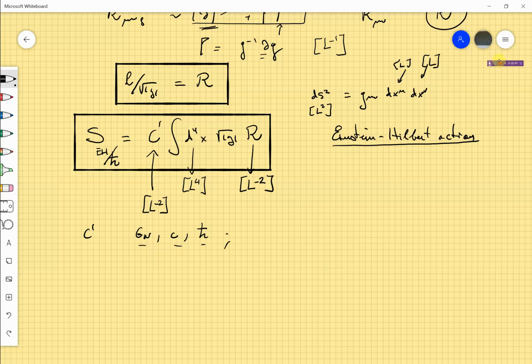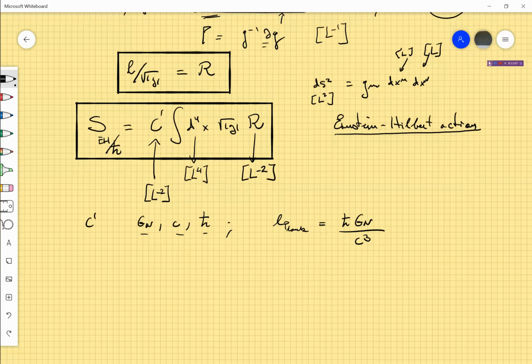So the natural thing would be to use the Planck length square, or the inverse of the Planck length square. So what is the Planck length? The Planck length squared is given by h bar G_N, the Newton constant, divided by c cubed.